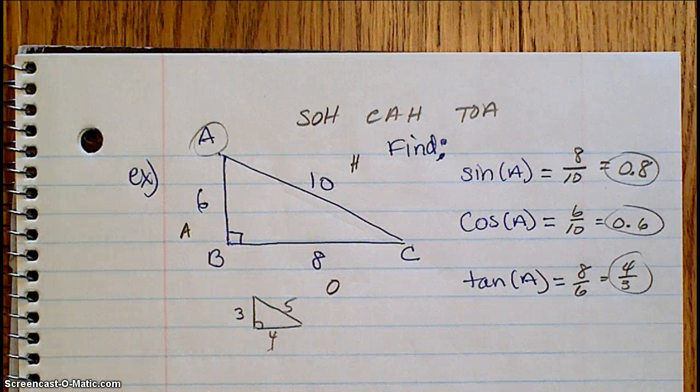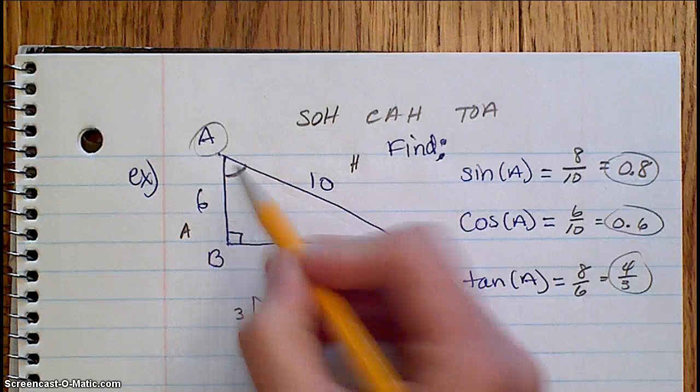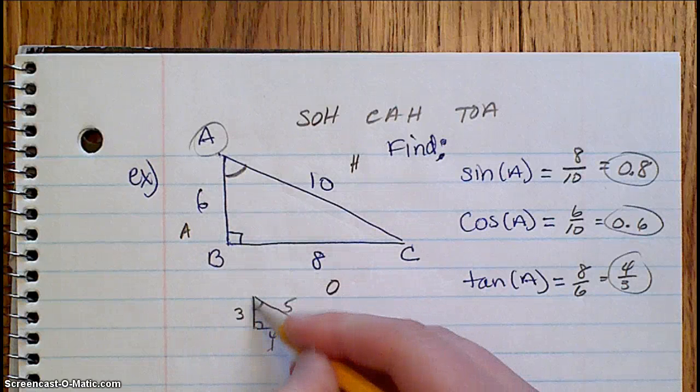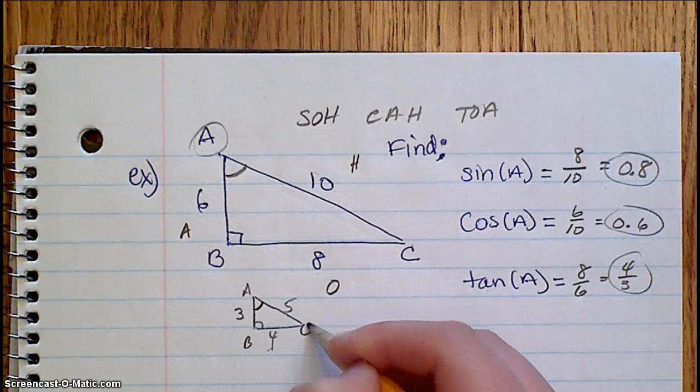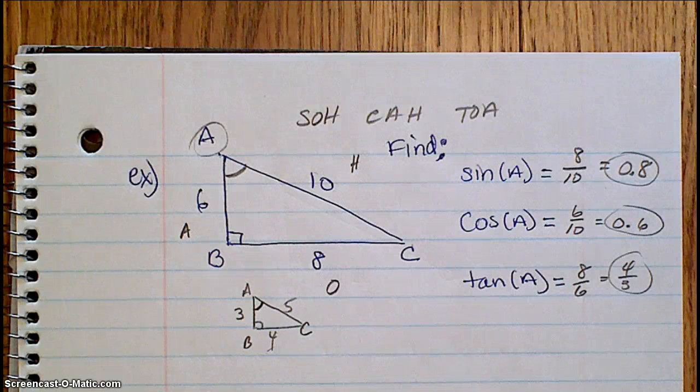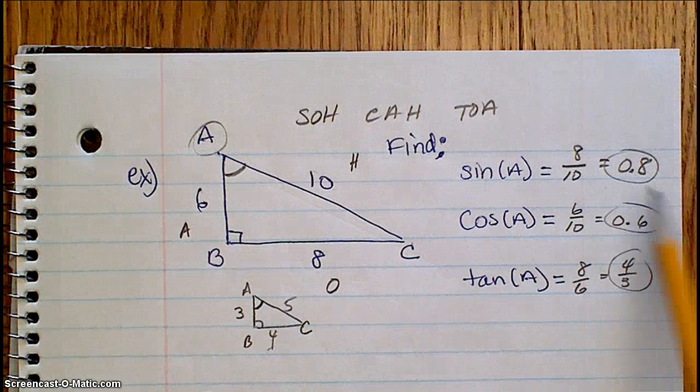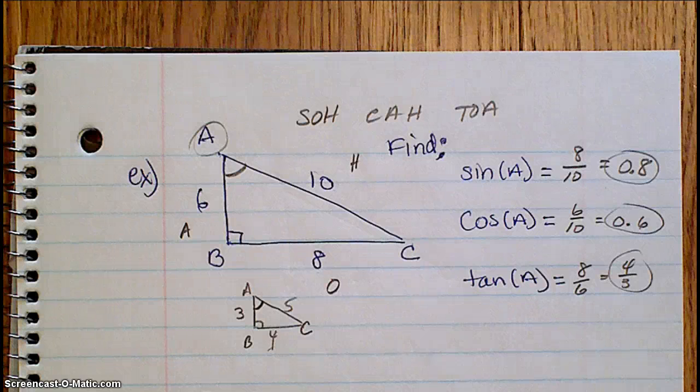So really what we have are two similar triangles. And whenever you have similar triangles, the corresponding angles are going to be congruent. So for example, angle A on both of these triangles would be congruent because these are similar. That is the reason why these came out to be the same, because the angle measures are the same, and that's the whole reason why we have these special trig ratios.